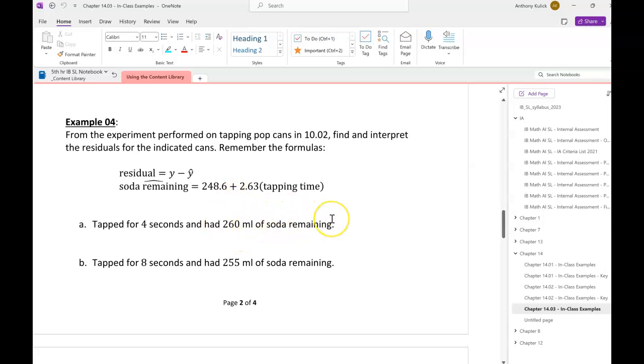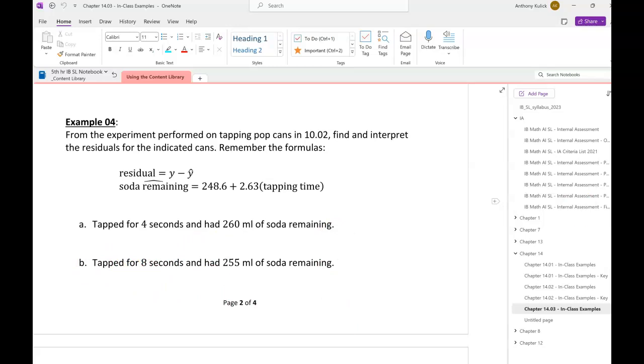So the residual would be 0.88 milliliters more soda remaining. So our prediction undershot the actual value, right? Everybody's okay with that? That's what that's saying, that the actual value is more than the predicted value.